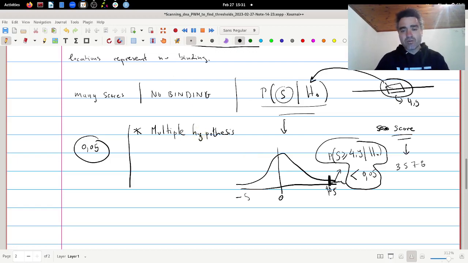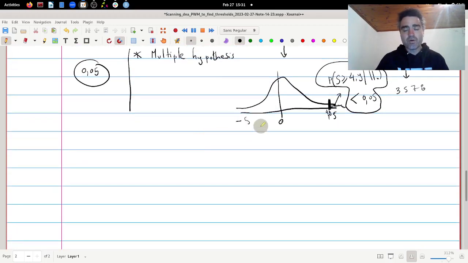What I must also say here before going to the code is the following. Here we are interested in scores that are greater or equal to 4.9.